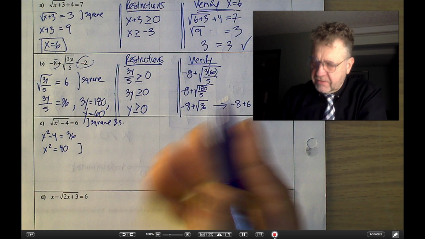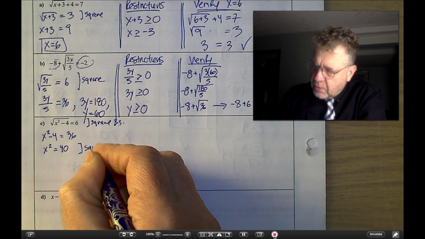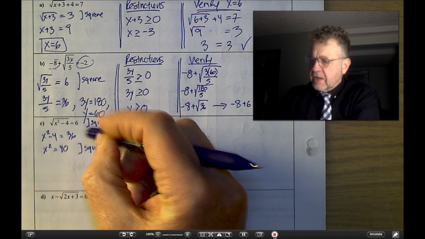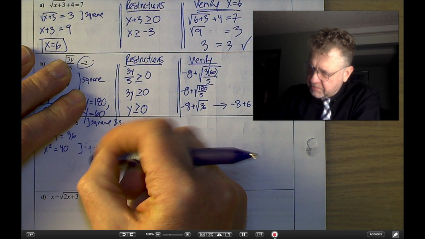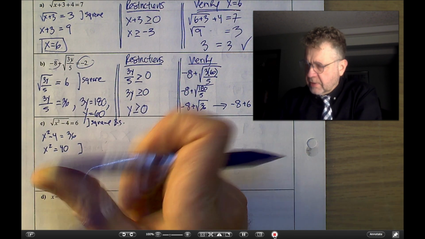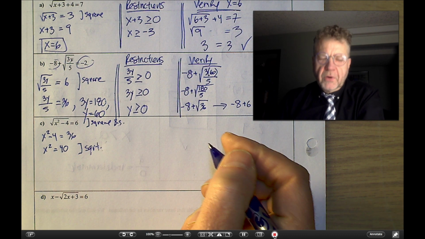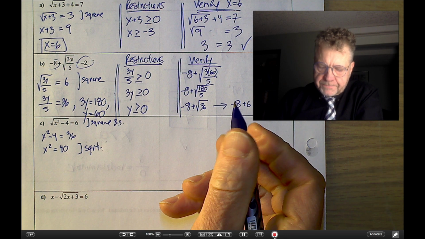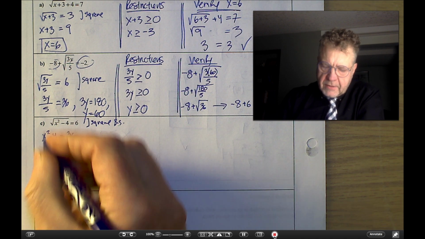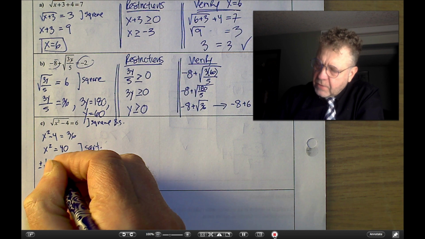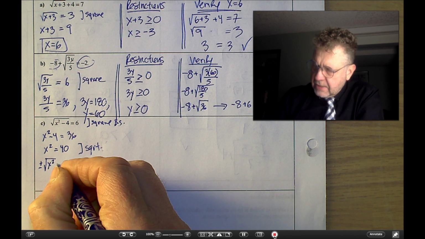And then I know what x squared is. I want to know what x is. So what I'm going to do is take the square root of both sides. Whoops, that does not spell square root. Let me try to spell square root the way I would normally. I'm going to take the square root of both sides. And when I do that, I'm going to get plus or minus the square root of 40.